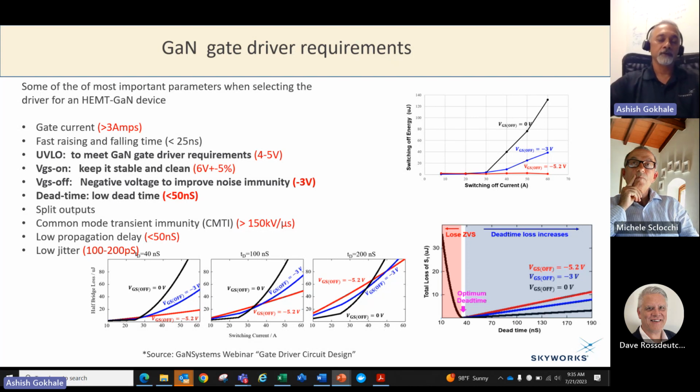For a non-isolated driver, it's also important, of course, but it's not as finicky to design in. In any case, it is critical because the full benefits of the GaN device can really be realized when you're switching at a faster rate.